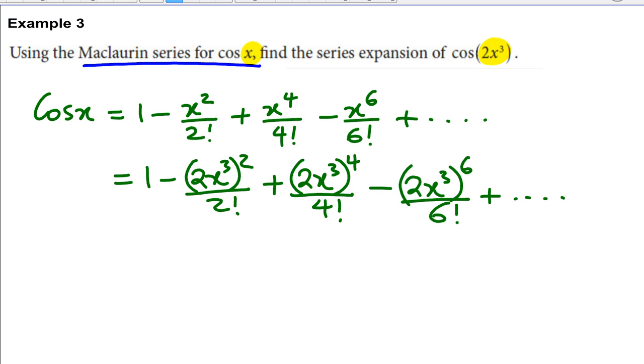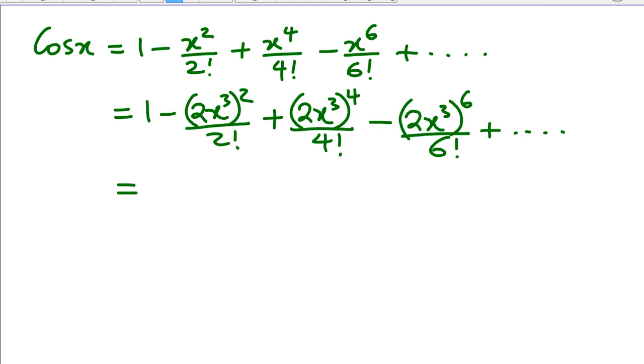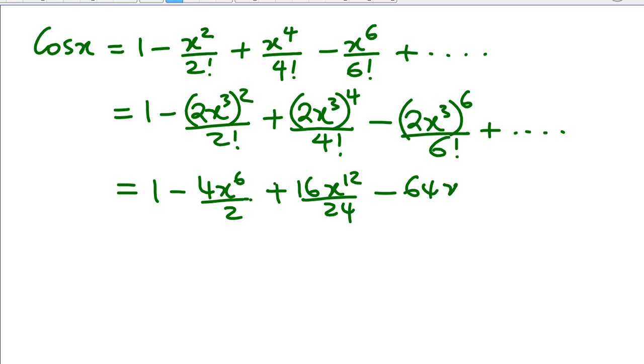And so on. Now we have to simplify this expression. We'll end up with 1 minus 4x to the power 6 over 2 plus 16x to the power 12 over 24 minus 64x to the power 18 over 6 factorial, which is 720, and so on.